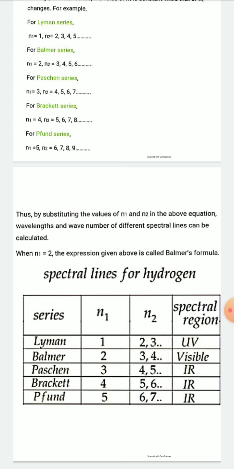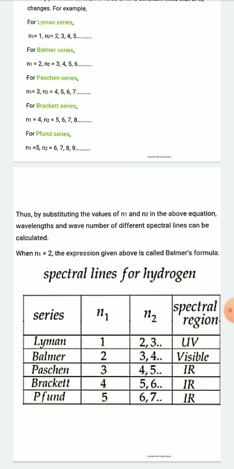Okay. And the different series of spectral lines for hydrogen are found in different regions of electromagnetic radiation. In case of the Lyman series, N1 is always 1 and N2 is 2, 3, 4, 5 up to infinity.